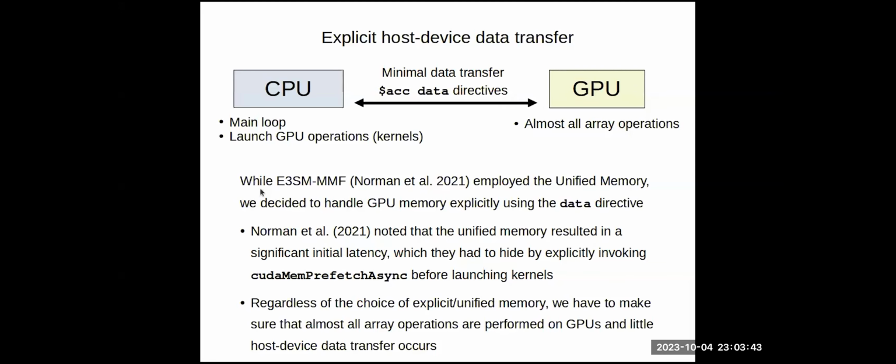Some previous studies employ the unified memory technology. However, they noticed some initial latencies associated with the unified memory. So we decided to explicitly handle the data residence using the ACC data directives.